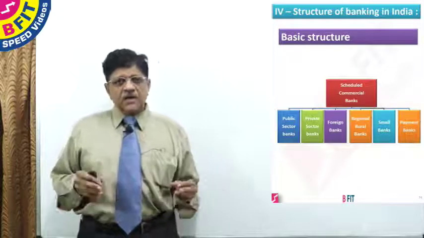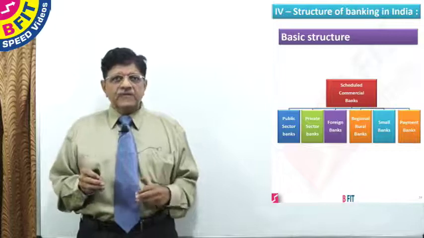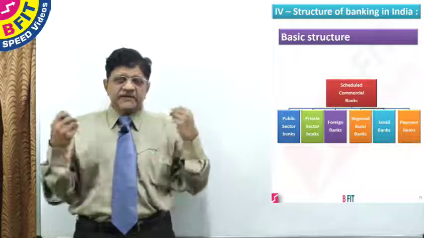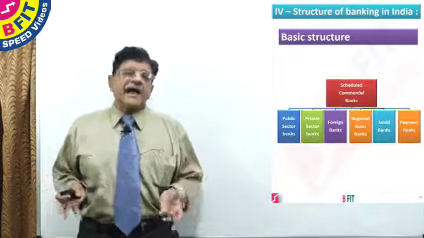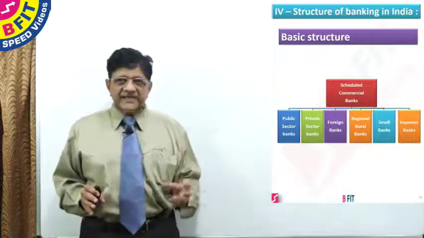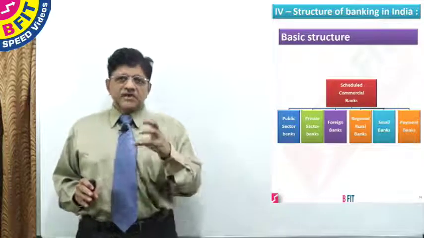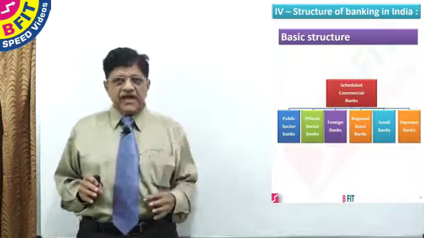All these banks come under the scheduled banks category. Small banks and payment banks, as and when they are incorporated and start functioning, will be added to the second schedule. Thus, to summarize, scheduled banks are those banks which are included in the second schedule of Reserve Bank of India.